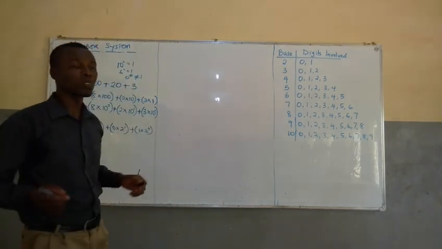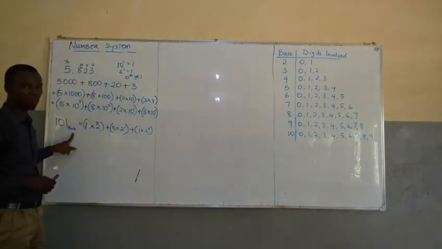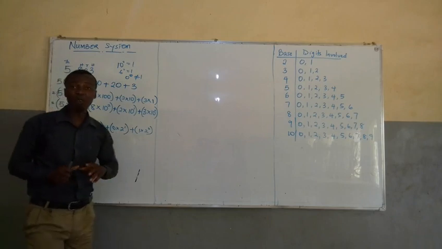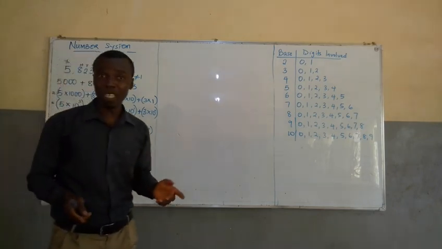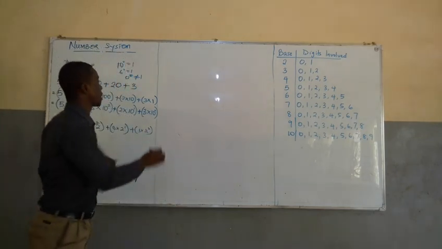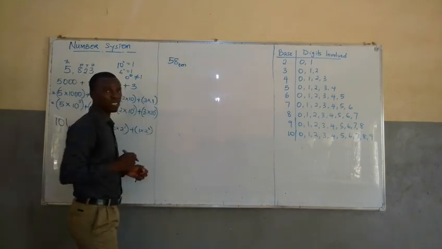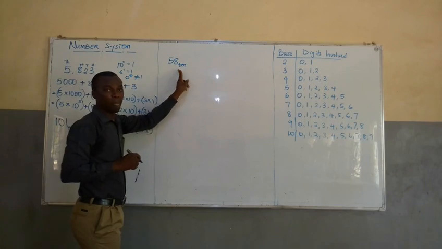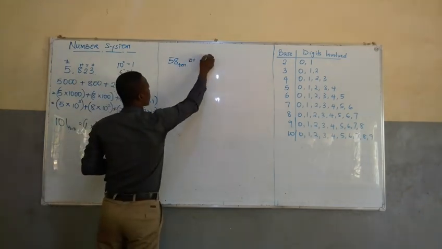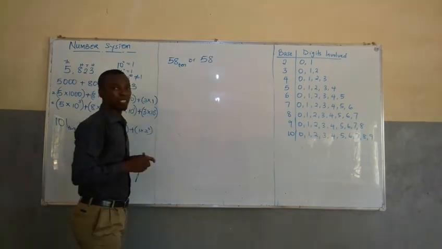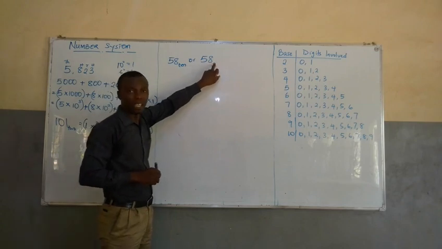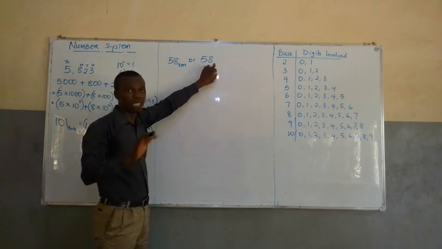So, for numbers that are in base 10, how do we know them? Usually, we don't write the subscript for them. But some authors or books do represent them. For example, I can have 58, and you will notice some books will write it as 58 base 10, or you will see them write it this way. If it is written this way, that tells us that by default it is in base 10.